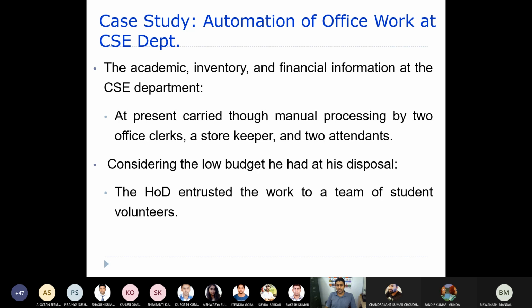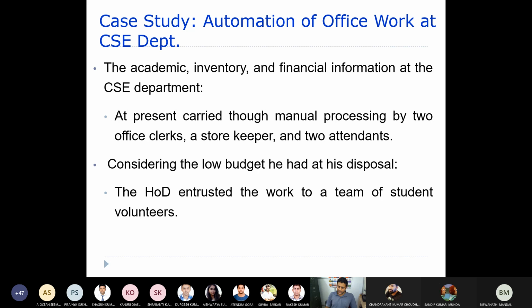Considering the low budget at his disposal, because maybe we do not have much budget at this point of time at our department, our HOD can entrust a team of student volunteers to develop the software to carry out this automation activity.